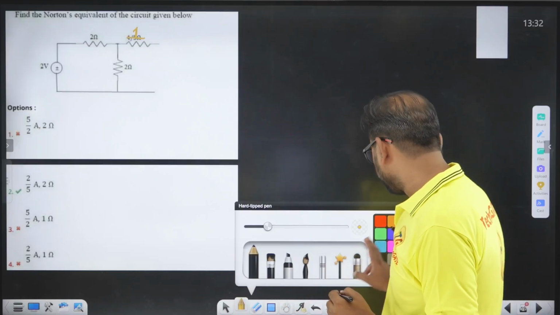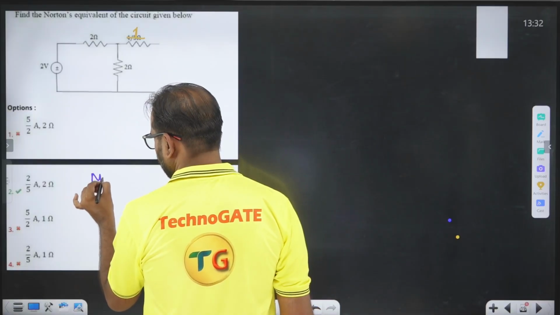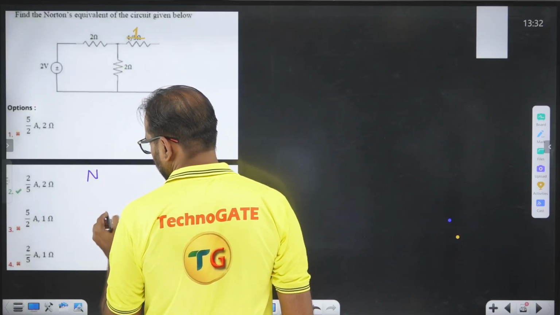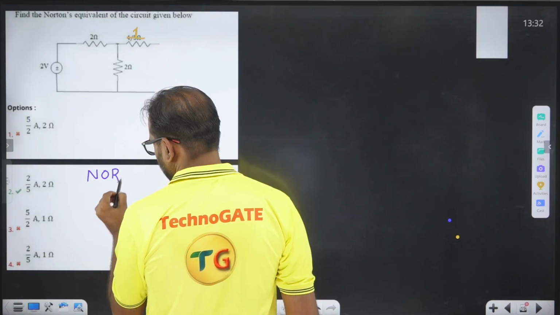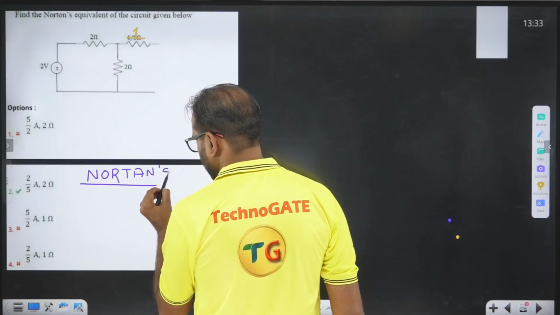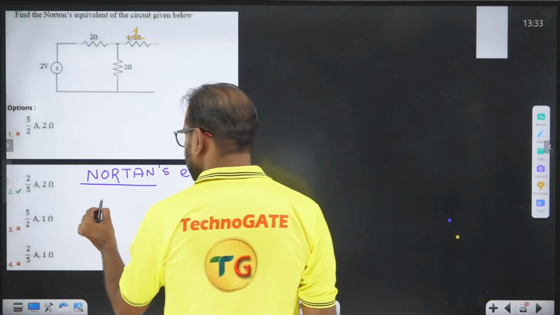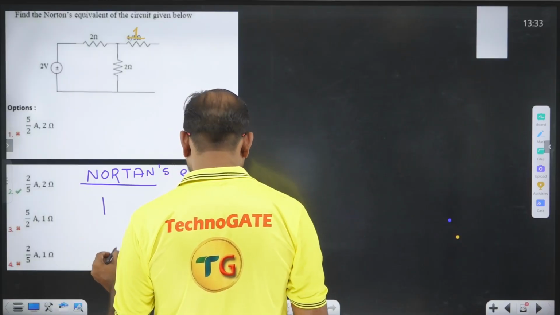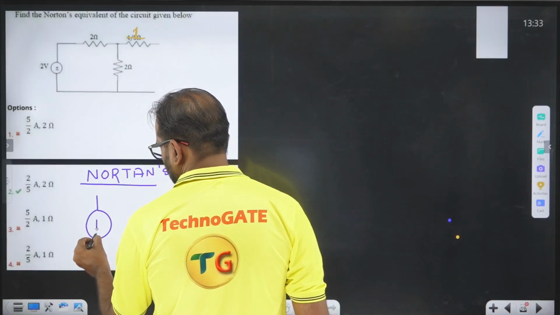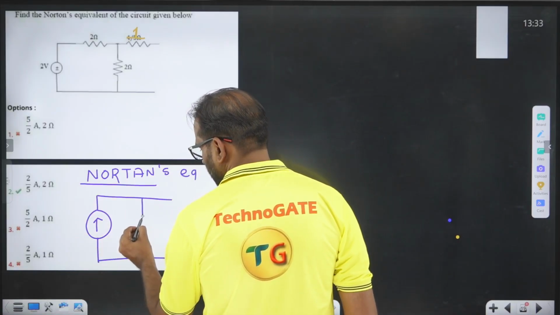As we know, the Norton's equivalent of a circuit is always given by a current source with an equivalent resistance.